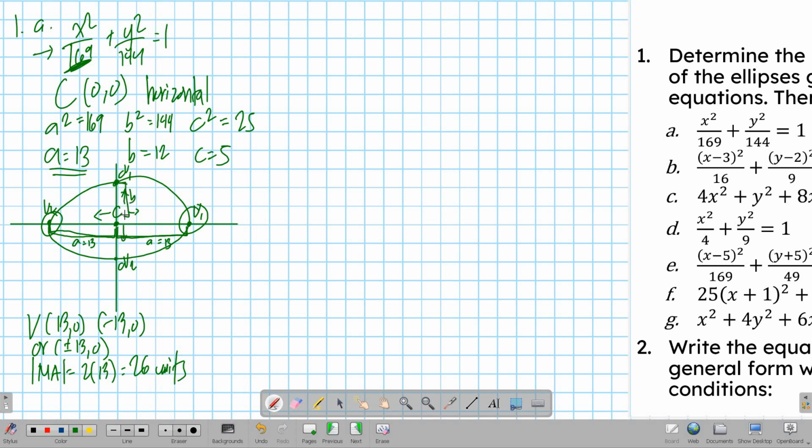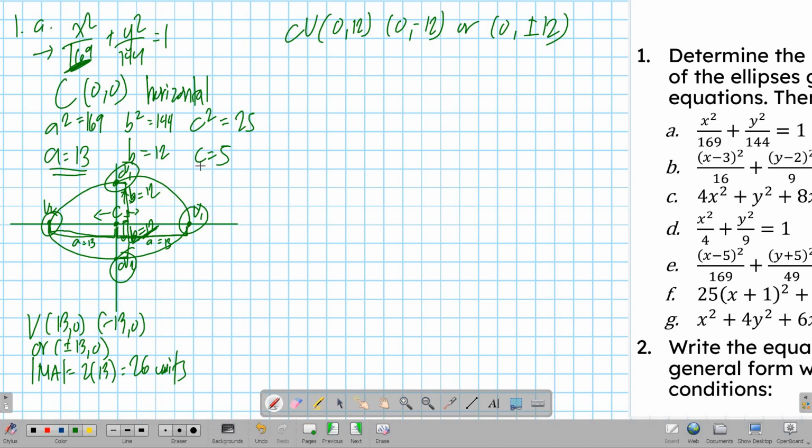That's b units up from the center and then b units down from the center. In this case, b is 12. So from 0, 0, we move 12 units upward. Hence, this will have coordinates of 0, 12. And down below, if we move 12 units down from 0, 0, it becomes 0, negative 12. Or this can be written as 0, plus minus 12.